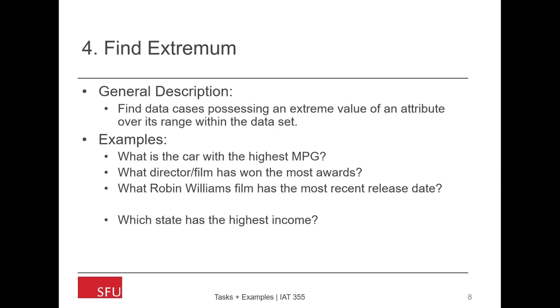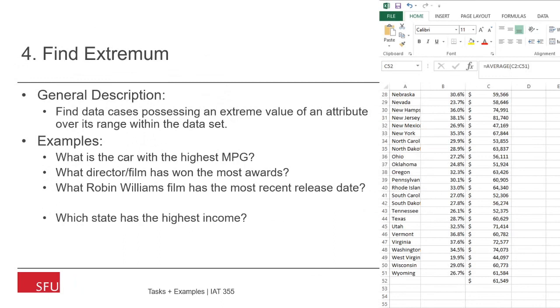And for our running example of state incomes versus college degrees, what I'm going to do now is go to Excel and just show what that looks like in Excel. One of the things that we can do in Excel, of course, is issue another formula.